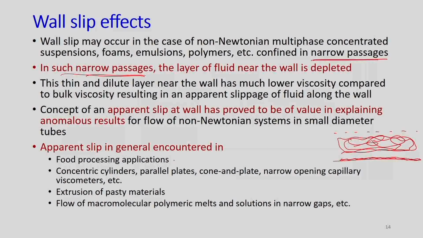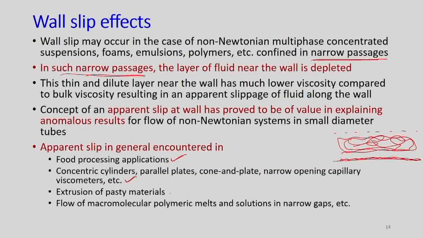In food processing applications, and then some narrow opening flow areas like concentric cylindrical viscometers, parallel plate viscometers, cone and plate viscometers, narrow opening capillary viscometers, etc. In all these viscometers, the passages are very narrow, so definitely in such cases there will be a kind of slip velocity. Other applications are extrusion of pasty materials, flow of macromolecular polymer melts and solutions in narrow gaps, etc.